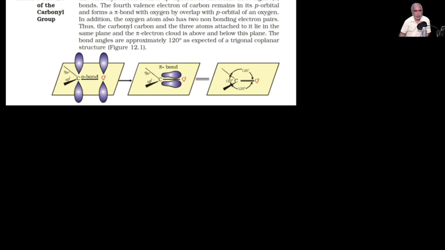So I think I already explained about this. When we say carbonyl compound, it has C double bond O and single bonds. So this is sp2 hybridized, this is also sp2 hybridized.